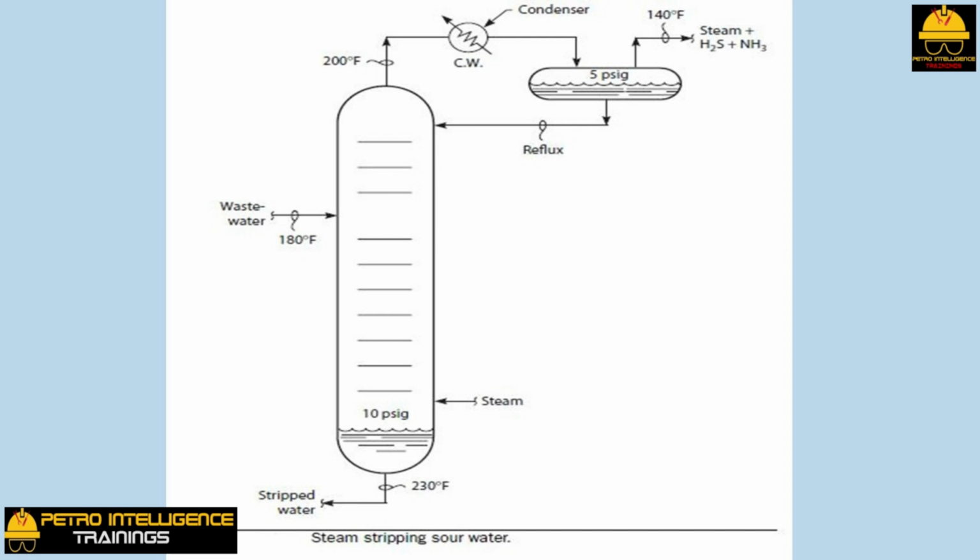If the off-gas is H2S and NH3 flowing to a sulfur recovery plant, the steam carried into the sulfur plant reduces the sulfur plant's capacity and efficiency. On the other hand, a low reflux drum temperature increases the solubility of H2S and NH3 in the reflux water. As the concentration of H2S and NH3 in the reflux increases, the stripper has to work harder to keep these components out of the stripped water.